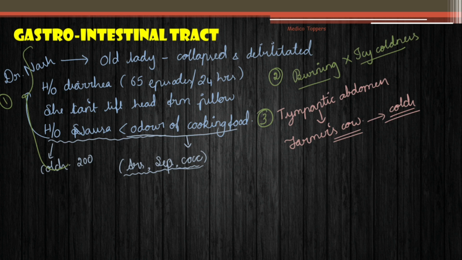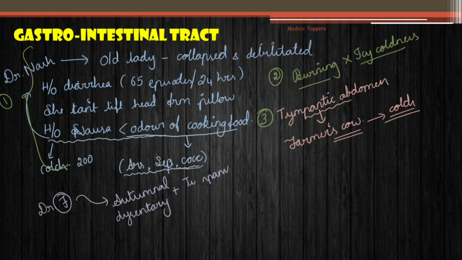So this is one of the main symptoms of colchicum whenever we find tympanitic abdomen along with all the other symptoms. Then Dr. Farrington had also mentioned autumnal dysentery. So here he had mentioned if a patient is presenting with autumnal dysentery with tympanitis, then we can think about colchicum. And here he had compared this remedy with mercurius and cantharis.